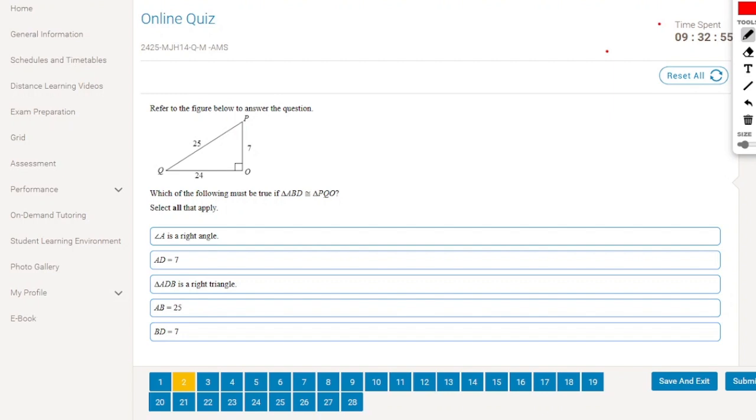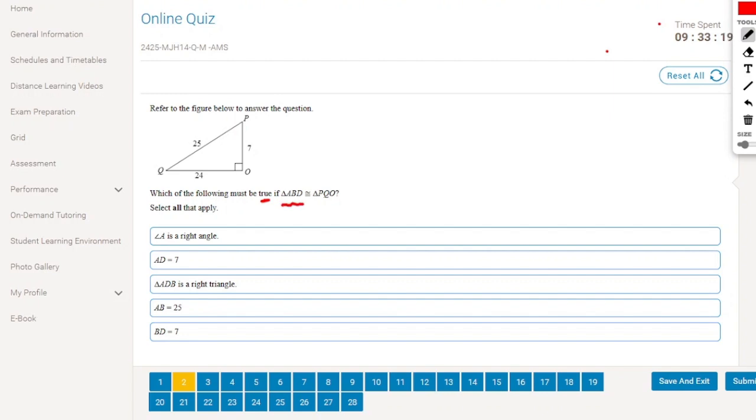Now, question number 2, refer to the figure below to answer the question. We have this triangle here. Which of the following must be true, if triangle ABD is congruent with triangle BQO? So we have this triangle BQO. So let's draw triangle ABD.